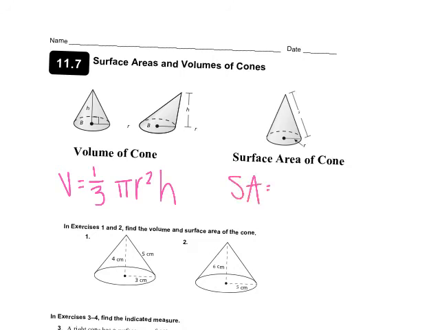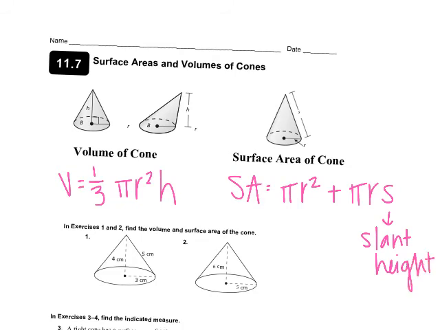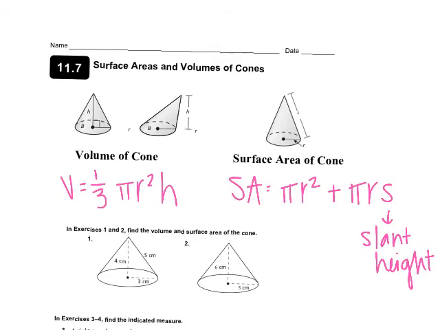The surface area of our cone is going to be pi r squared plus pi rs. Pi r squared plus pi rs. Okay, and that s is still going to be our slant height.